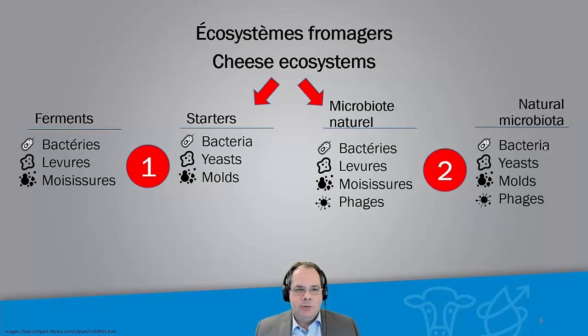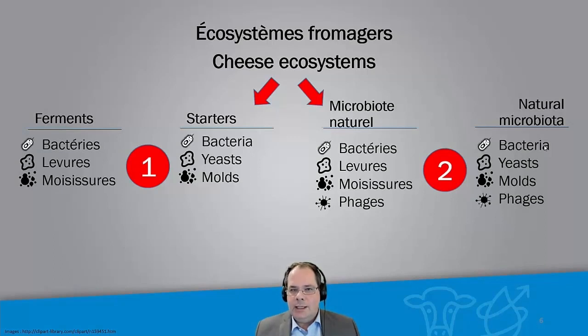The first group involves microorganisms that we use on farms, so microorganisms that we will inoculate voluntarily to milk to make cheese, and which is made up of different groups of microorganisms. Here we have bacteria, yeast, and mold. Based on the variety of cheese, obviously, we will use one or the other, or a combination.